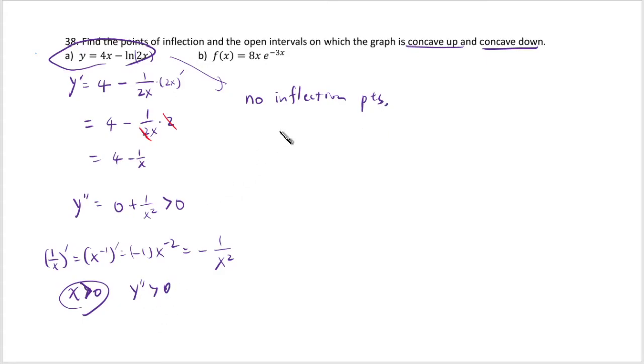There's no change in concavity, so there's no inflection points. And concave up on the interval 0 to infinity. That's it. And there's no concave down. Okay, that's what we know about this 38a.